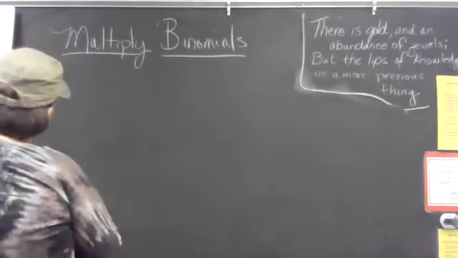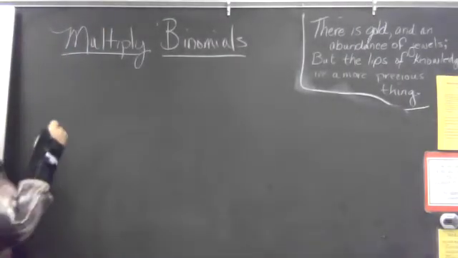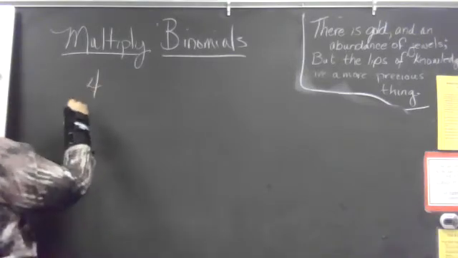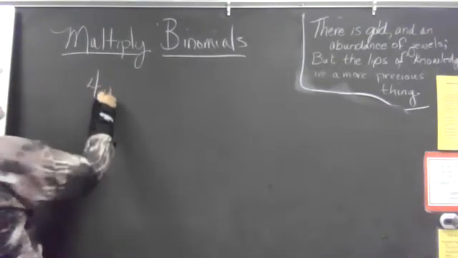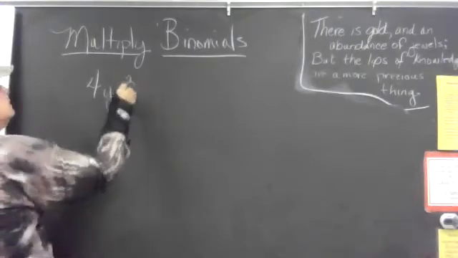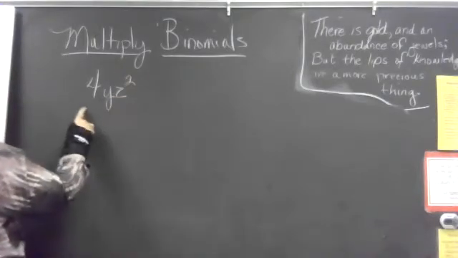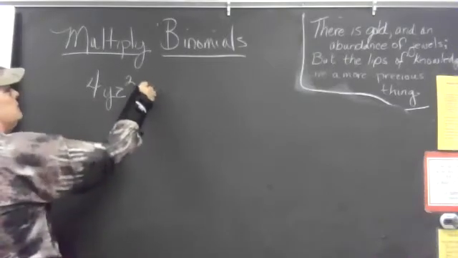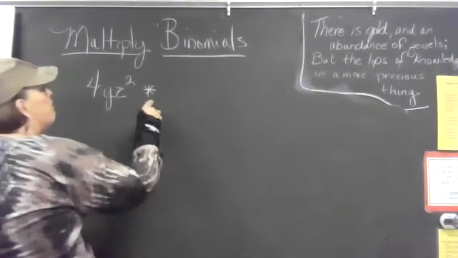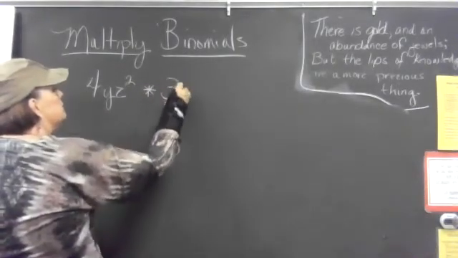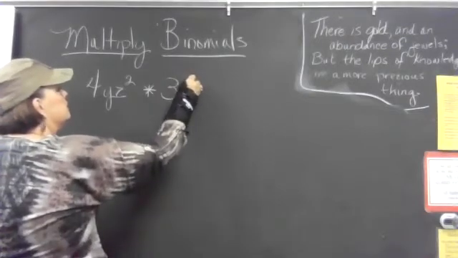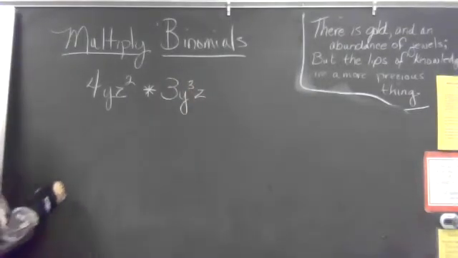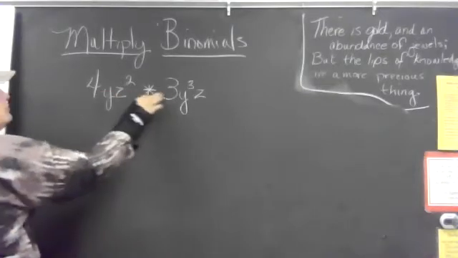Multiplying binomials. If you'll remember last week, we took monomials, which means this is a monomial because it's one term, times another monomial. And remember, when we're multiplying, there's no add or subtract in here.